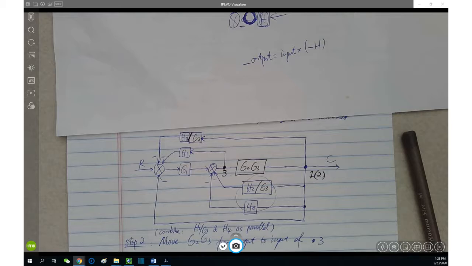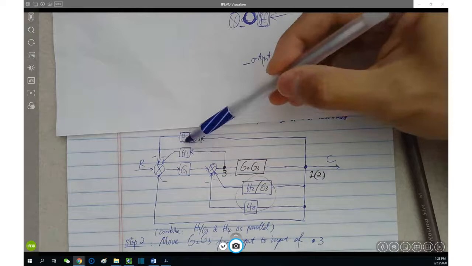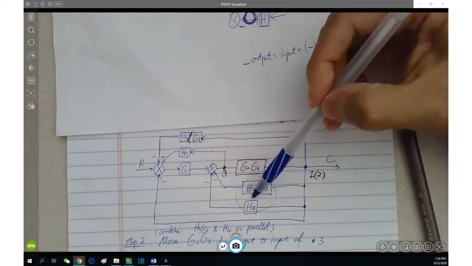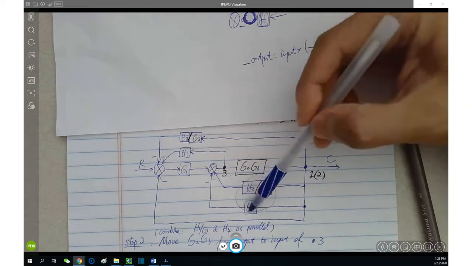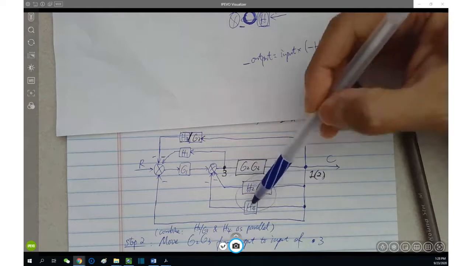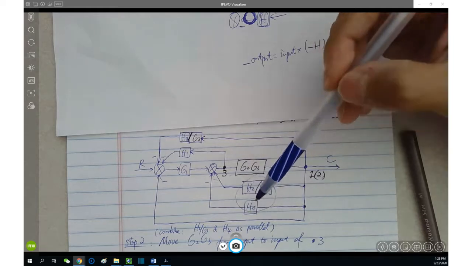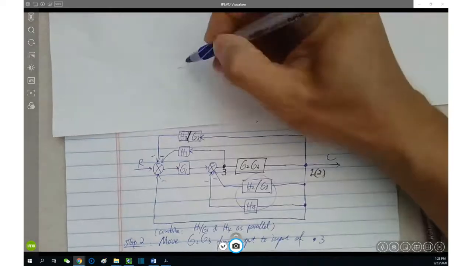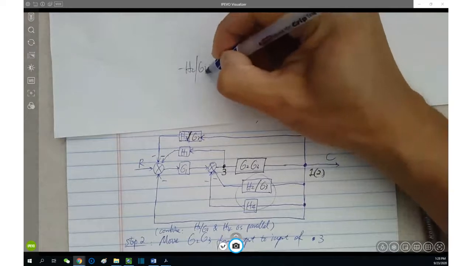Like, wouldn't all the summing junctions, for example, if these two are parallel, you're asking this, right? It's something like this. How to combine these two? Yeah, I get how to combine those two, but with negative for both, the negative H2, G3.